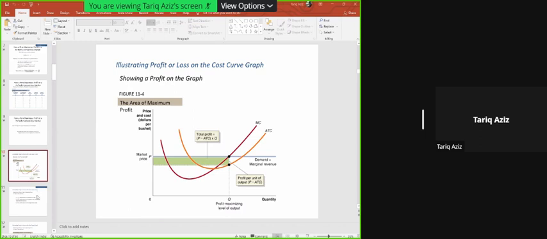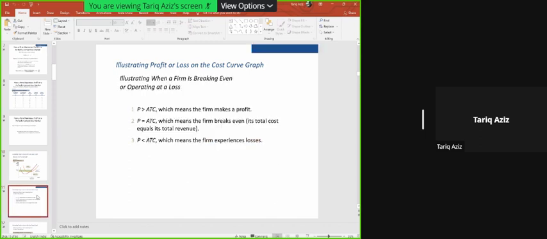So the only thing it can control is average total cost. If it is able to produce whatever product it is producing at a cost which is lower than the price, in that case the firm will make a profit.